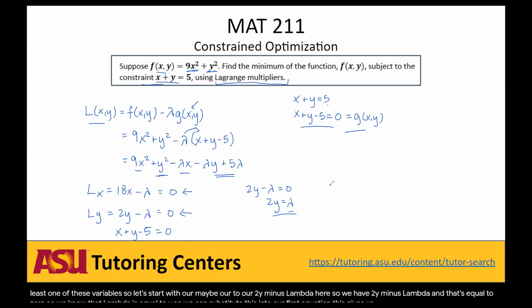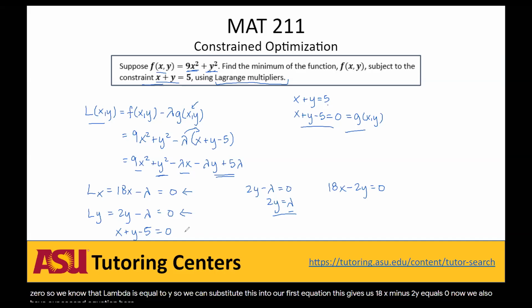This gives us 18x minus 2y equals 0. Now we also have our second equation here, which let's rewrite as x plus y equals 5.